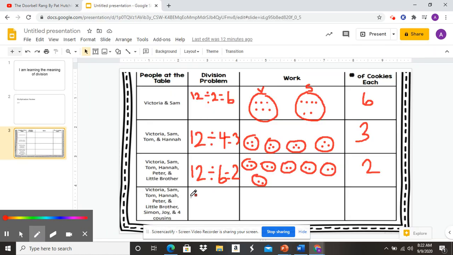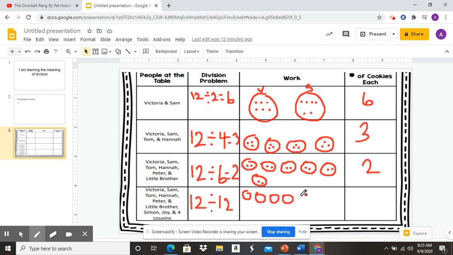So I have 12 cookies divided by 12 kids. So how many groups am I going to have to draw here? 12. 1, 2, 3, 4, 5, 6, 7, 8, 9, 10, 11, and 12.